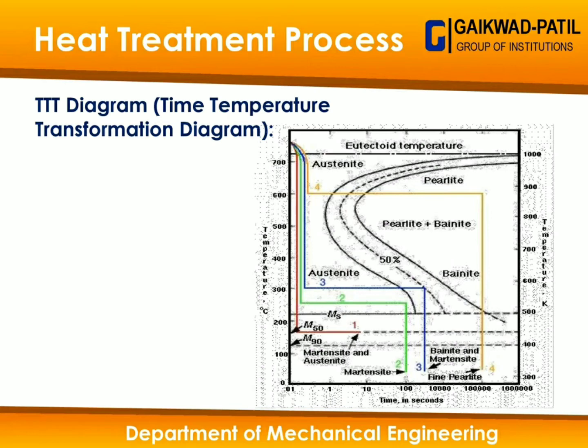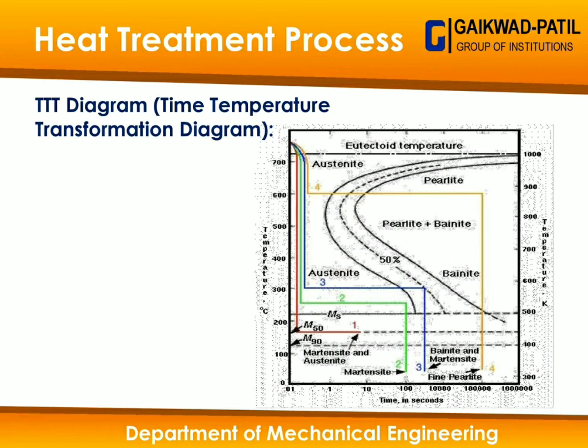Then the most disadvantageous part is that time is not mentioned; the time constraint is not mentioned. The transformation phase is not explained properly, and the solidification of metal is not complete at the conclusion part of the iron carbon diagram.